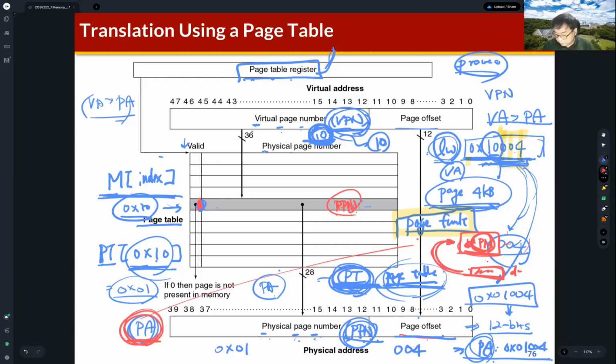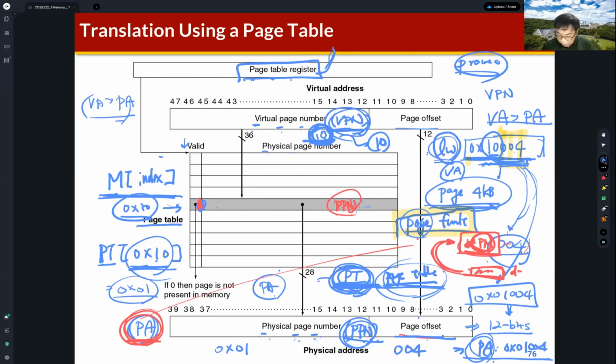But we learned that the storage, the disk, is very, very slow. So in order to read a page from a disk, it will take a very long time. The page fault is handled by the operating system, and the page fault is a kind of exception. When the page fault is detected, an exception is raised, and the exception is handled by the operating system.